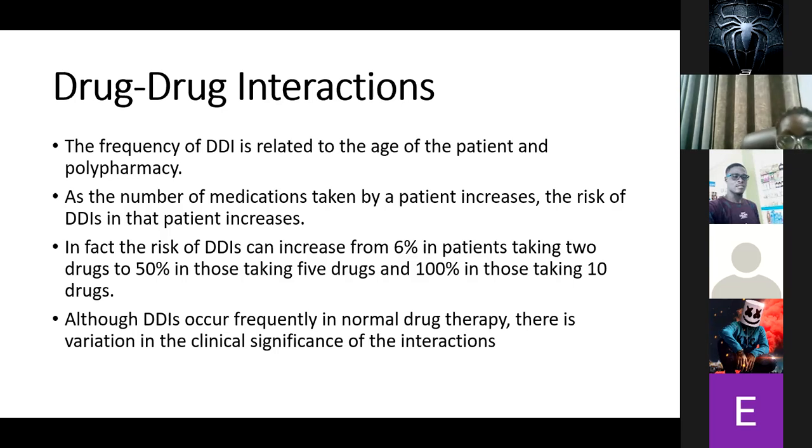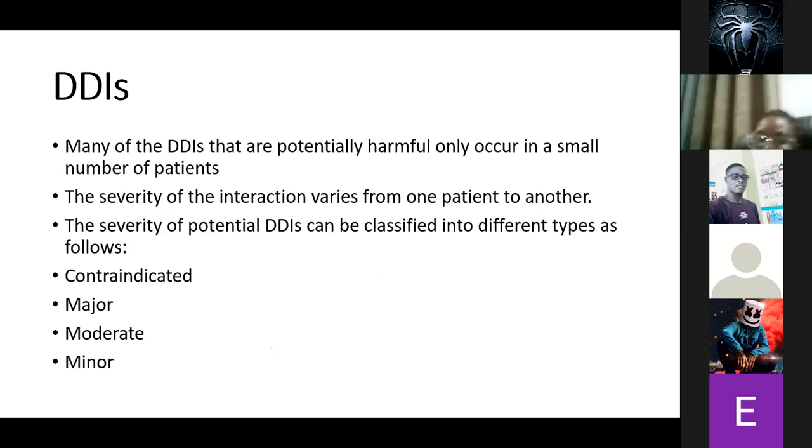For example, it increases to 6% when you are taking 2 drugs, to 50% when taking 5 drugs, and 100% when taking 10 drugs. And even though it occurs in normal drug therapy, there's variation in the clinical significance of the interactions. So some of them are potentially harmful and can occur in a few patients.